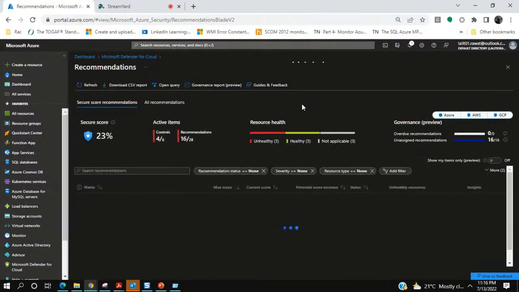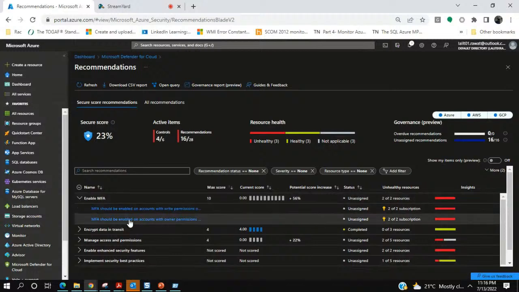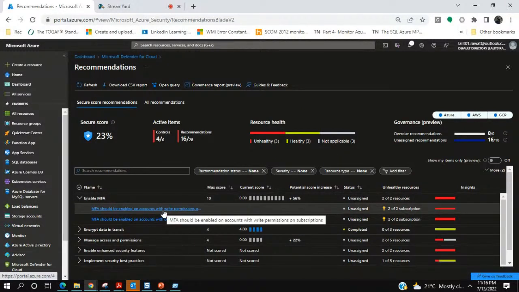Then I'll come to the recommendations. I have a couple of recommendations, where my cloud defender score is 23. I have only Azure services, not other cloud platforms. It's recommending me to enable multi-factor authentication, shown in red for the owner permissions as well as the writer permissions.